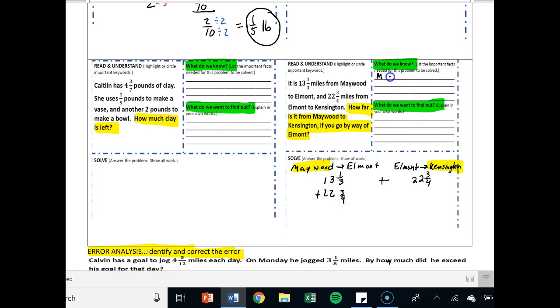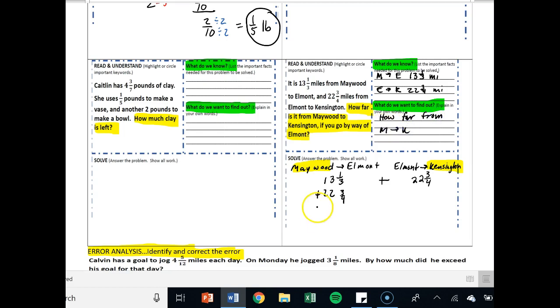So M to E is 13 1/3 miles, and then E to K is 22 3/4 miles, not minutes, miles, excuse me. How far from M to K, basically.